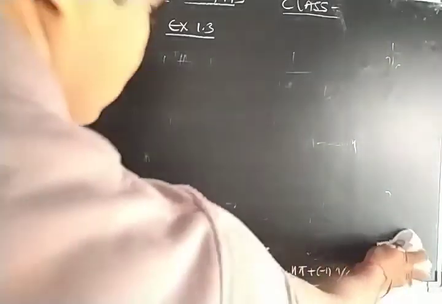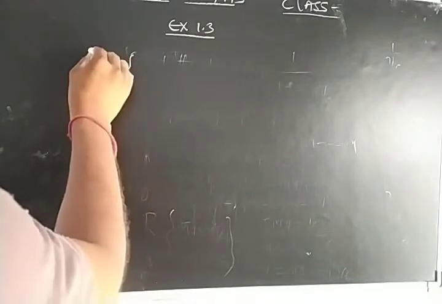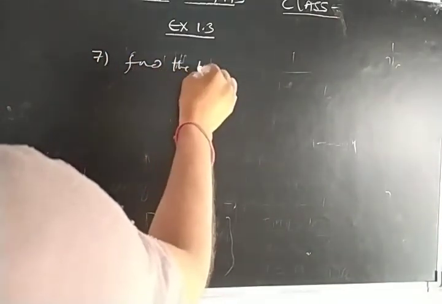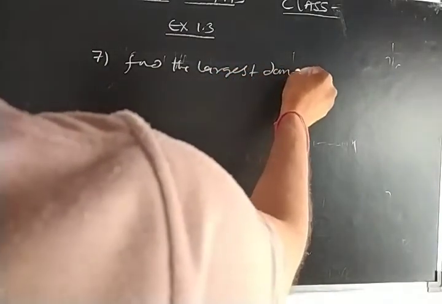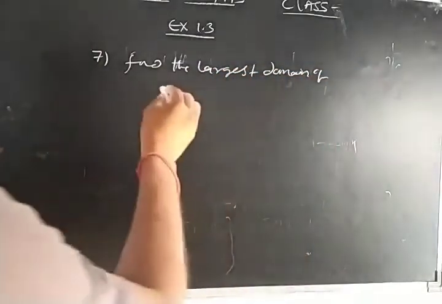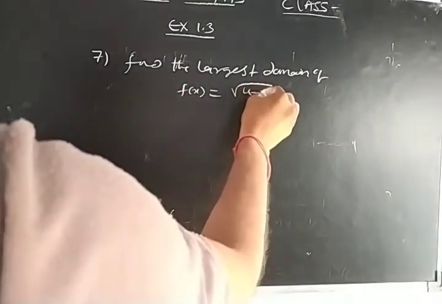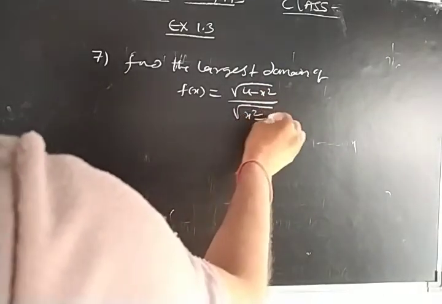Now next, problem number 7. Find the largest domain of f of x equal to root of 4 minus x square by root of x square minus 9.